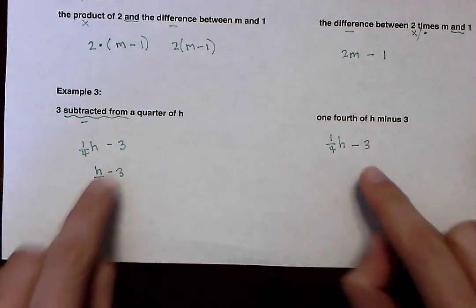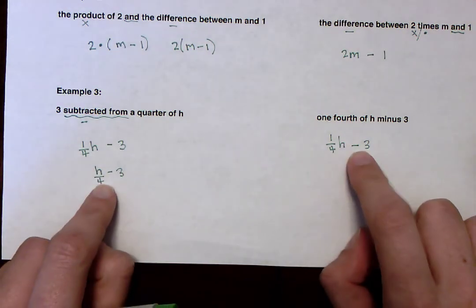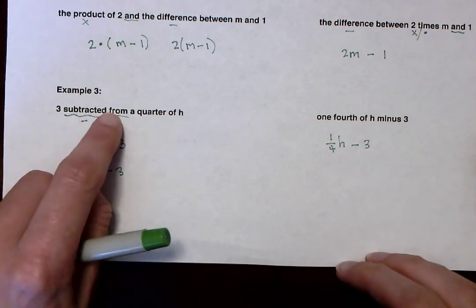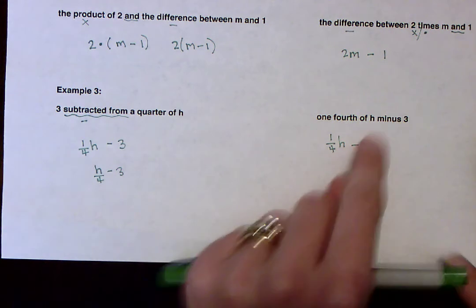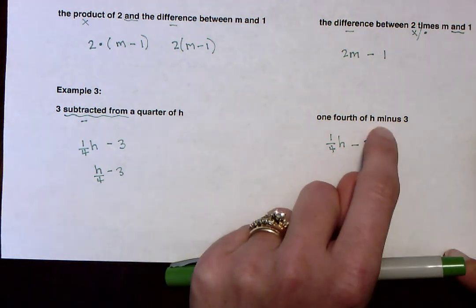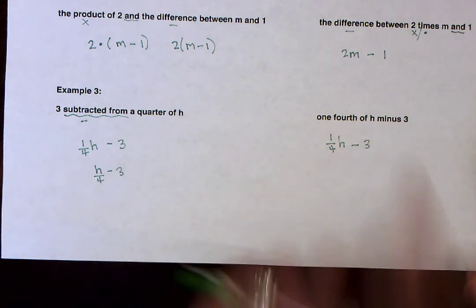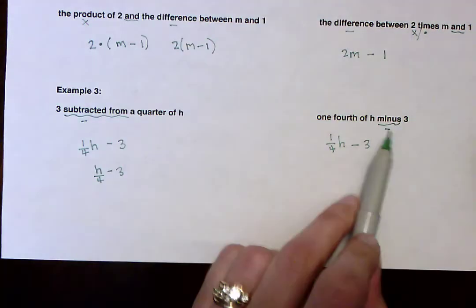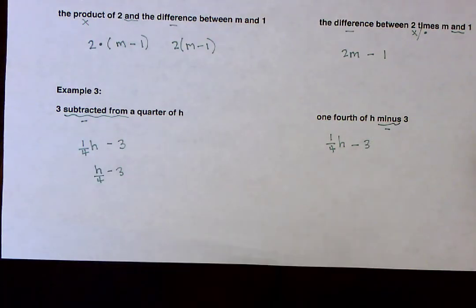Notice that these two expressions for this last example were the same. One, though, used subtracted from, and you had to switch. And in one of them, you had the word minus, okay? And again, minus indicates subtraction, but it's not one where you have to switch the order.